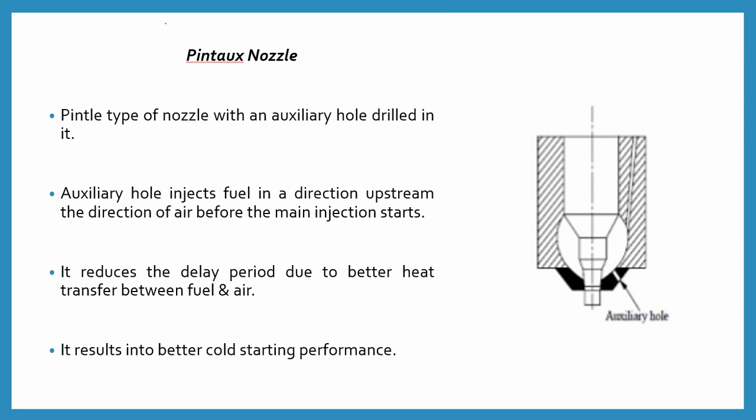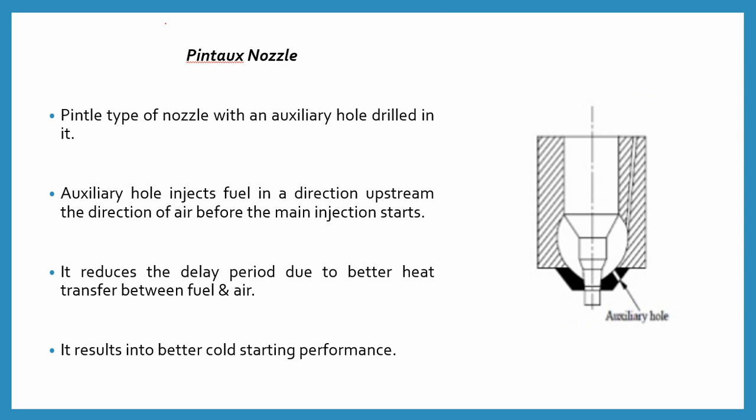This auxiliary hole injects the fuel in the direction of the upstream air before the main injection starts. So it reduces the delay period due to better heat transfer between the fuel and the air.